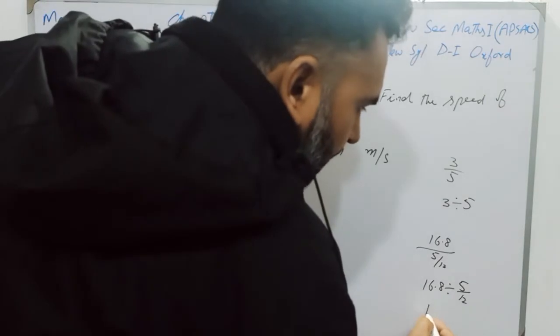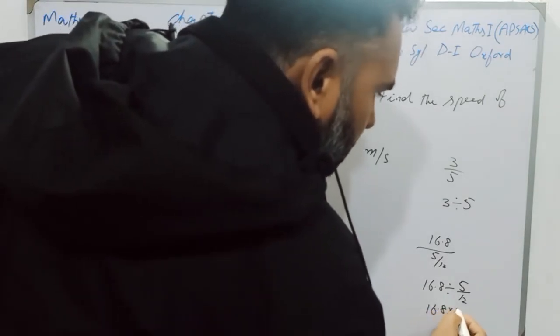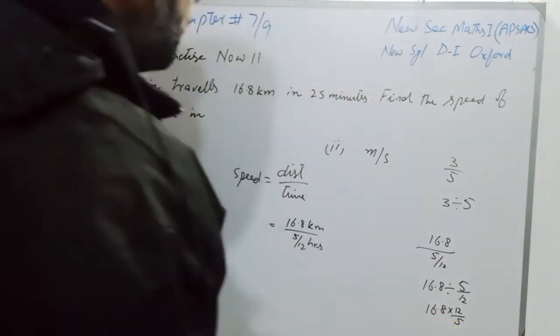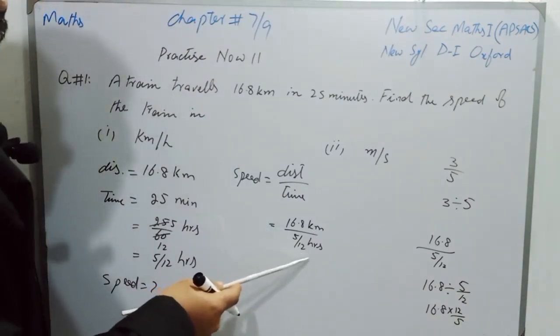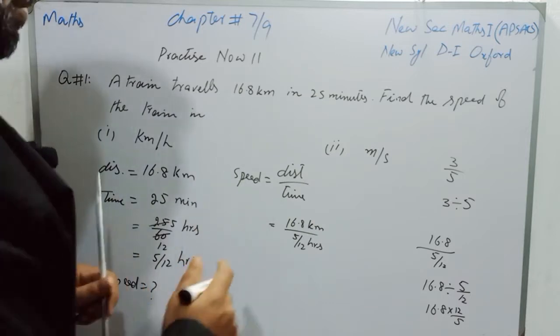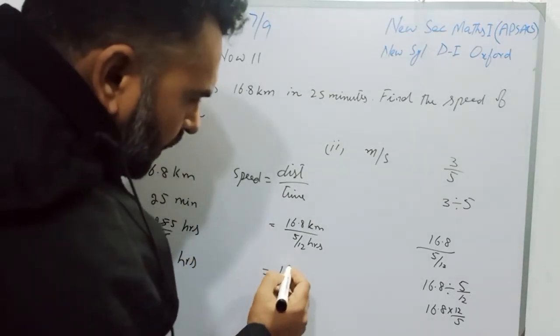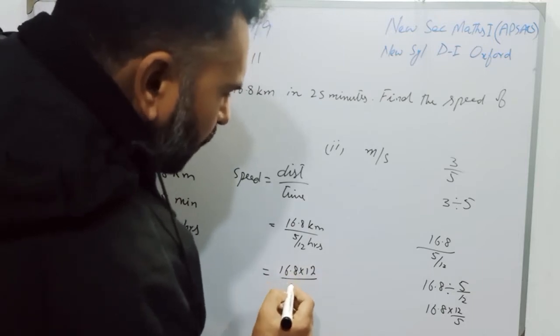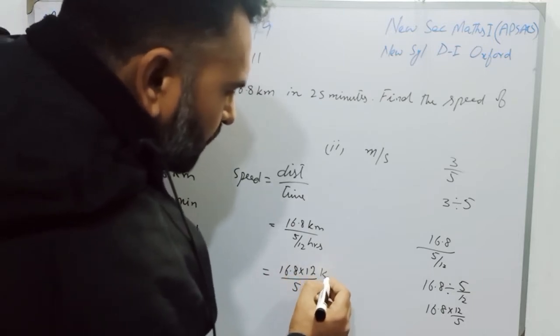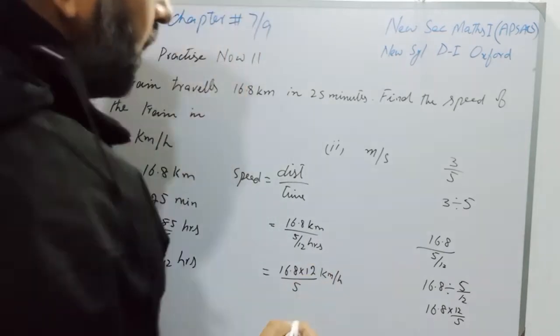So it will become 16.8 multiplied by 12 over 5. In this way, this denominator will be converted into numerator, and now the unit will become kilometer per hour.